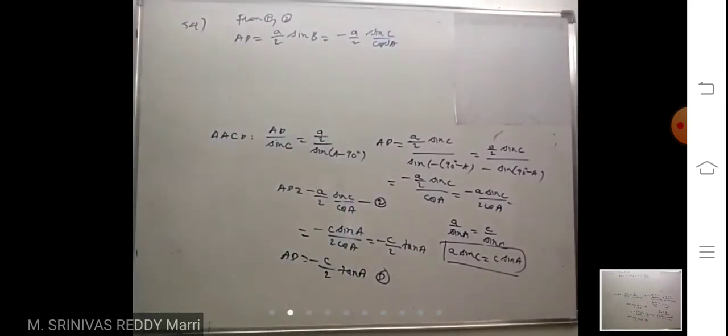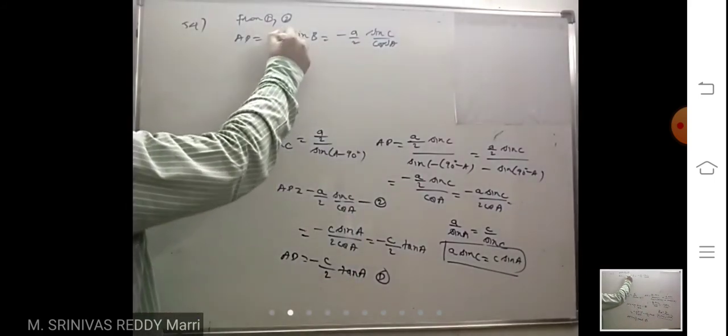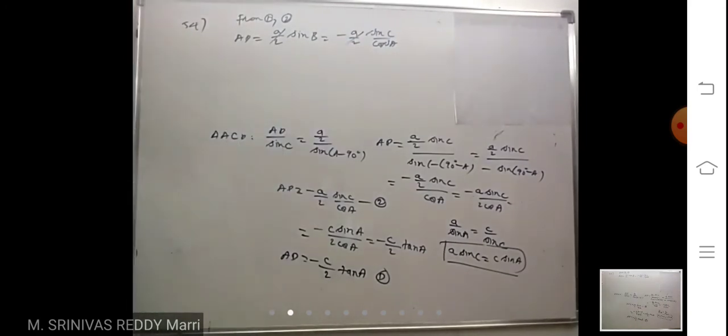Look at this, these both are equal. Now we will find out a relation here. Look at, A by 2 is getting cancelled.